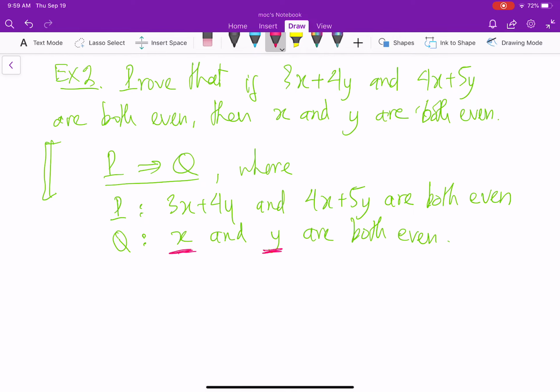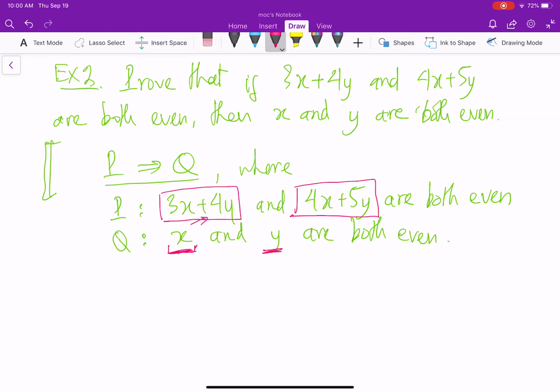We have that 3x plus 4y and 4x plus 5y are even. We can try to express x in terms of a linear combination of 3x plus 4y and 4x plus 5y, and see what happens.